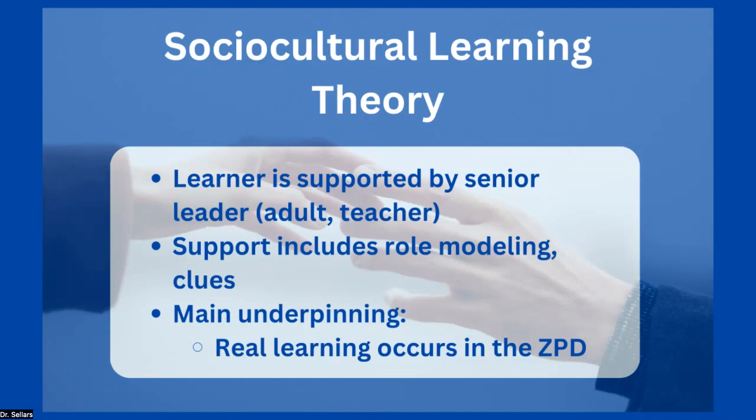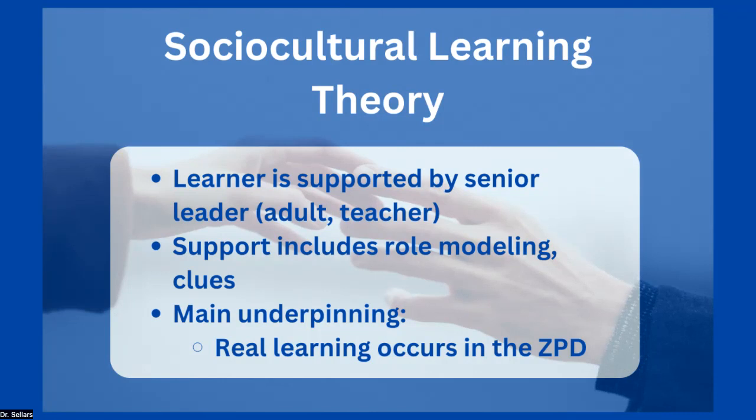For our purposes, it would be a clinical practice or a concept. Second, the support usually includes role modeling or clues that the teacher or adult is providing to our learner. And third is that main underpinning, which states that real learning occurs in the zone of proximal development, or ZPD, you may hear it called.